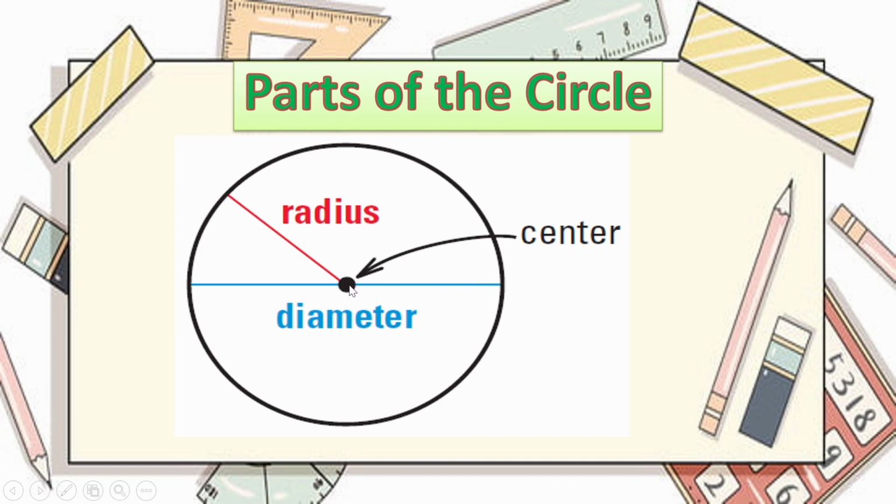Again, center point or the center, radius, and the diameter. So you really have to know the parts of the circle for the next lesson that we have about the circle, right?